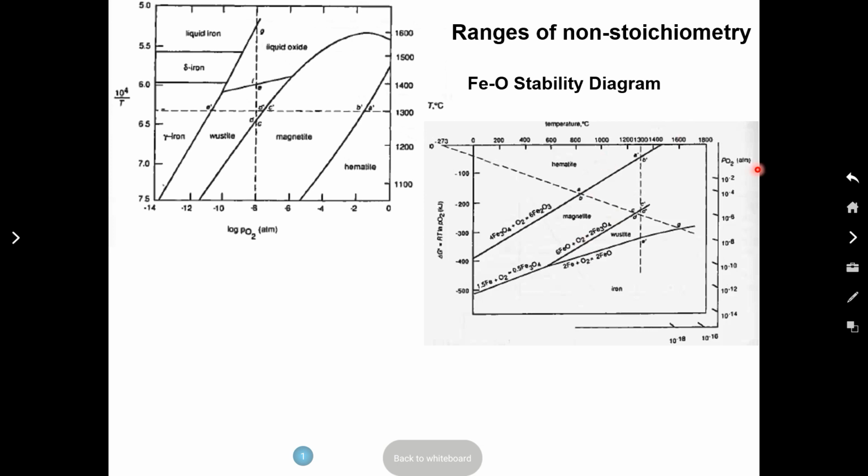You can look at the same diagram in different form. You can see that this is Fe0, this is Fe3O4, and this is Fe2O3. It's interesting.